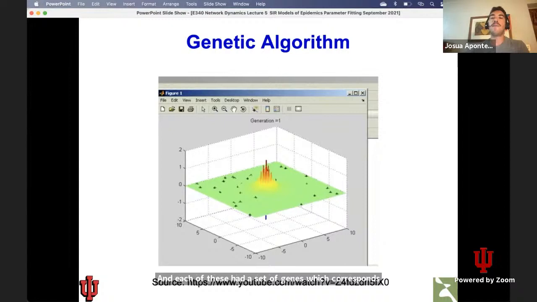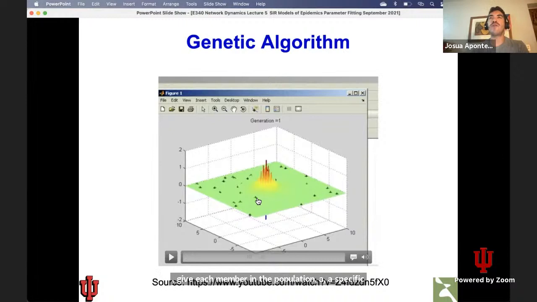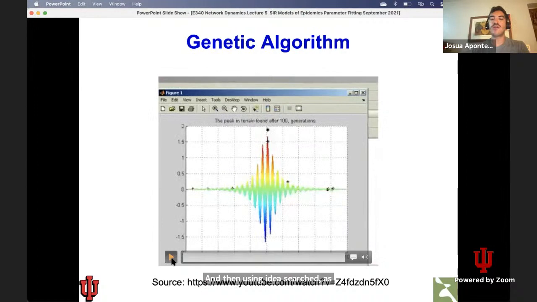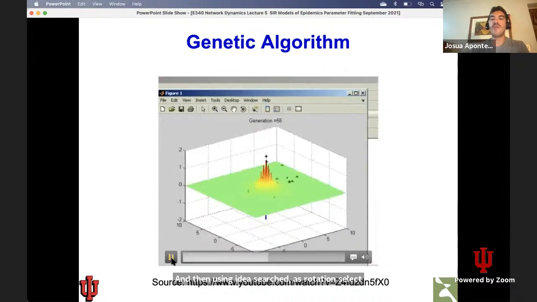And then these parameter values give each member in the population a specific fitness, which is the value of the objective function where the individual is located.